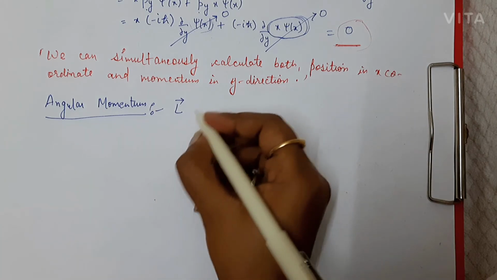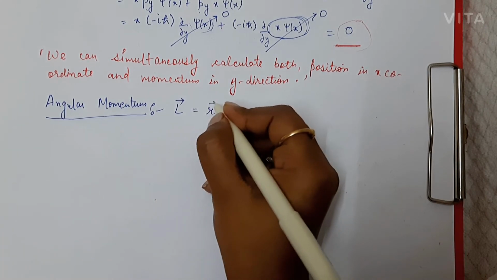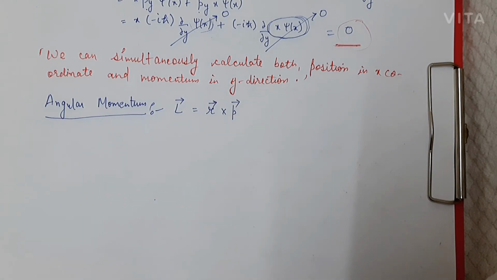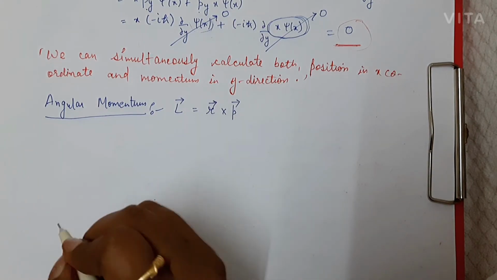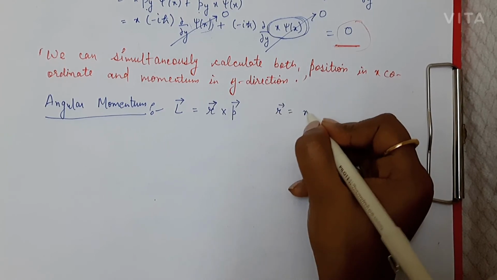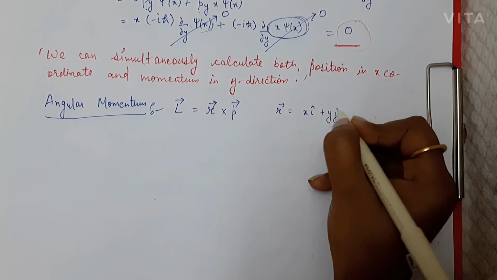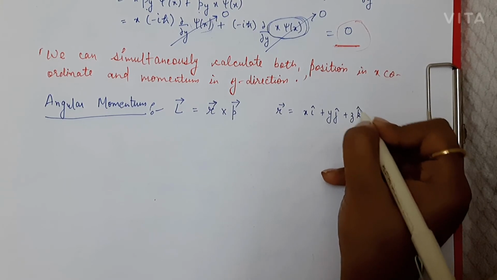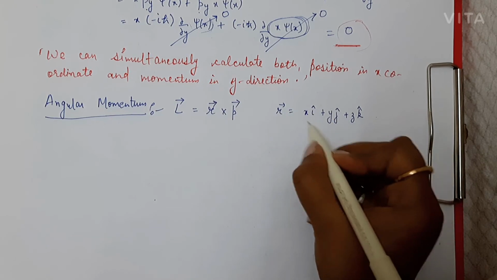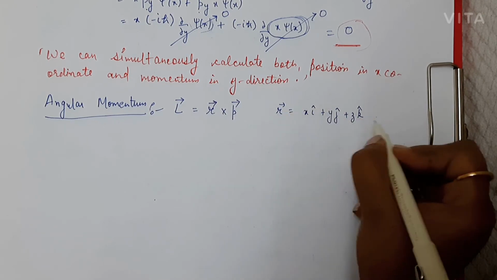It is a vector quantity and is given as r cross p. Now r is the position vector here and the value of r can be represented as x i cap plus y j cap plus z k cap. This also we have studied. So this is the r vector and in 3 dimensions it can be represented by this vector.